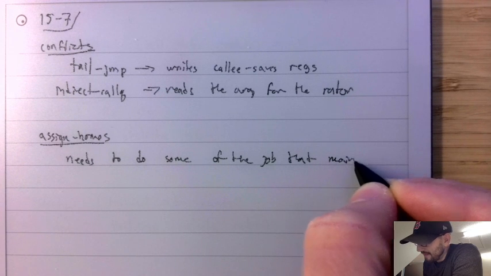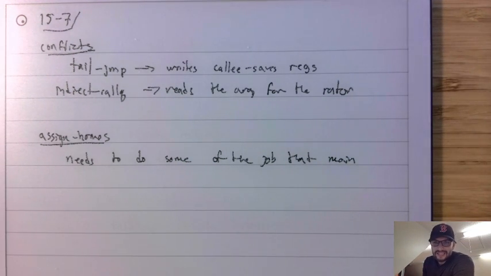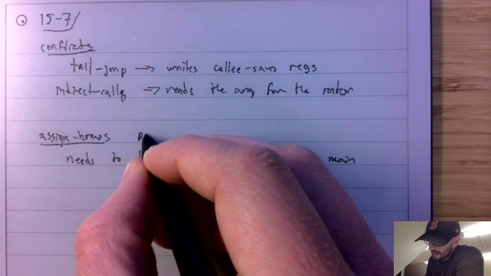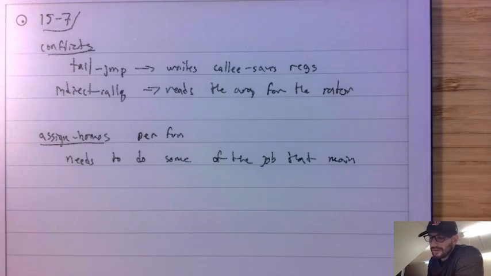Remember that what main used to do is allocate the stack space and stuff like that. That is now going to be taken care of by assign homes, because it'll happen per function now, whereas it used to only happen per program. So basically those jobs get rolled into this.